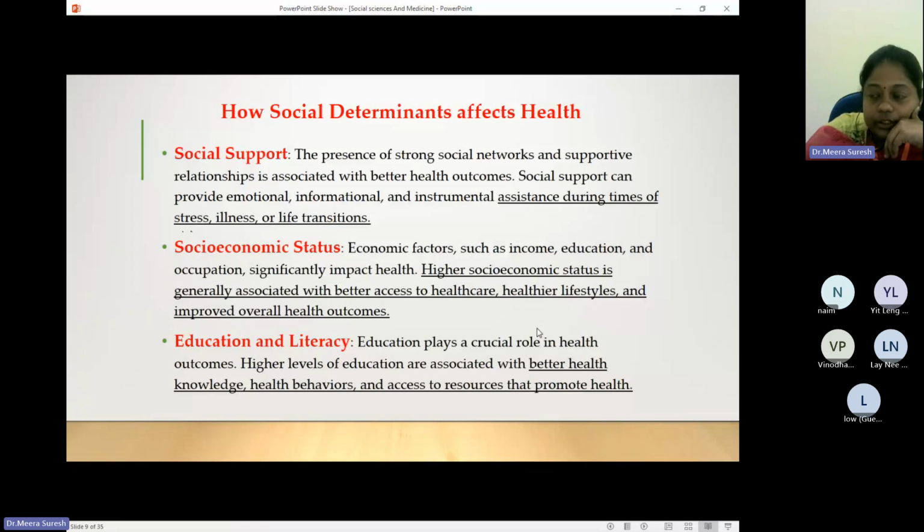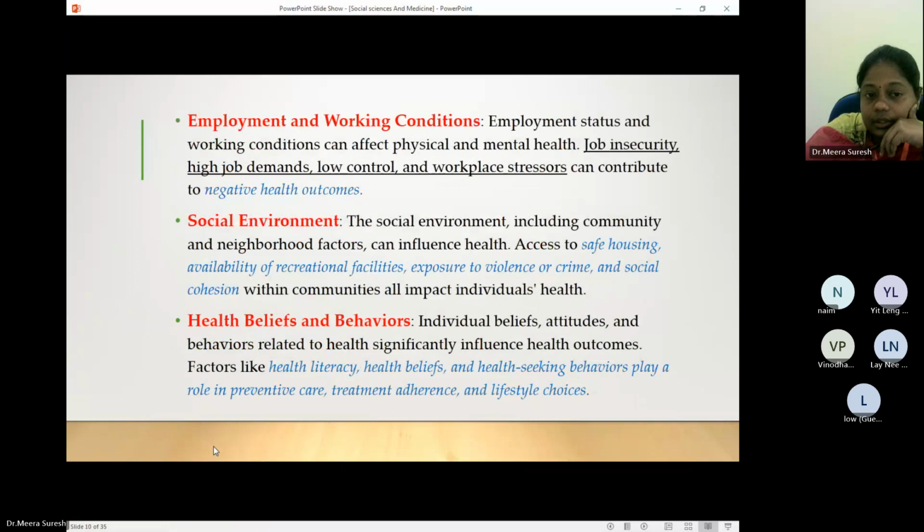Socioeconomic status: we already know that people of higher economic status generally have better health because they have better access to healthcare, a healthier lifestyle, and improved overall health outcomes. Then education and literacy: people who have better education have good health behaviors and also better health.